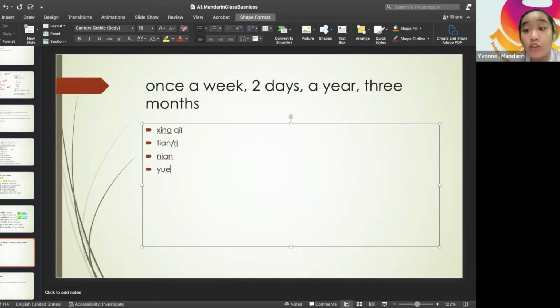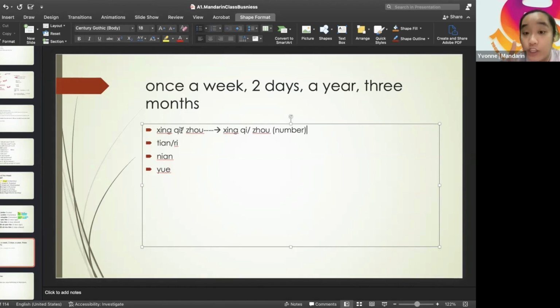So, for example, once a week, 星期 or 周. When we count days of the week, we put the word 星期 or 周, then the number at the back. Am I correct?